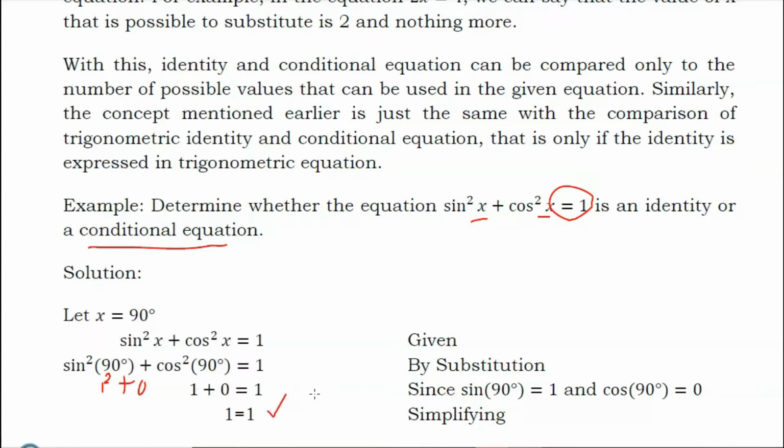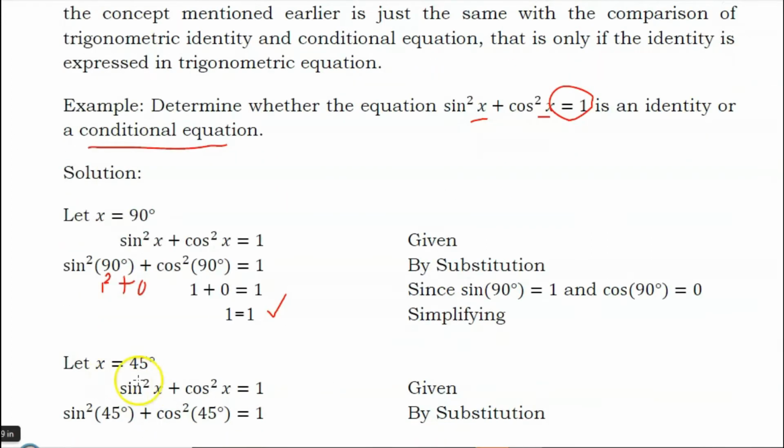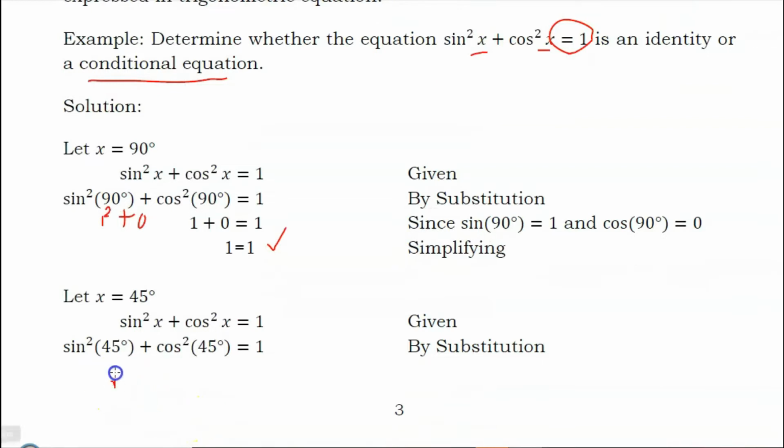So let us try another value of x. Let us say 45 degrees. If we substitute, sine 45 degrees is square root of 2 over 2. The answer of cosine 45 is also square root of 2 over 2. When we square square root of 2 over 2, the result is 1/2.